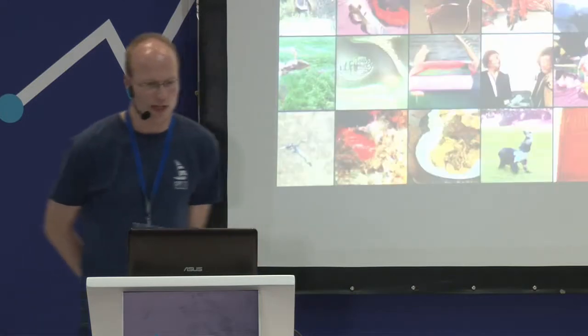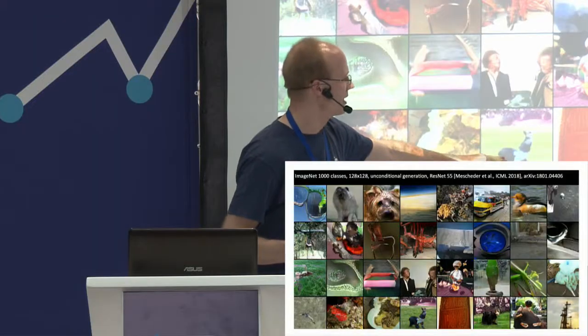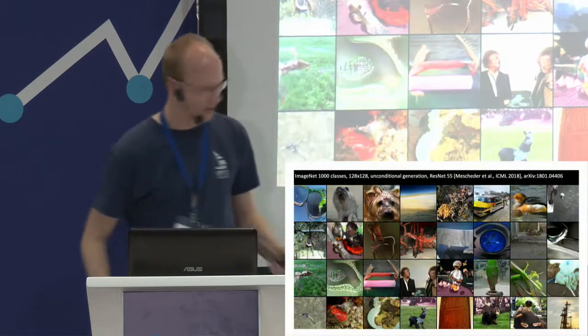The situation with generating generic object classes, so not faces, is also making progress. So these are samples that were state-of-the-art roughly half a year ago. This is generic ImageNet samples, so they look kind of, what is that? Is that a dog or a sculpture or something? I don't know. But at least it's visibly making progress.